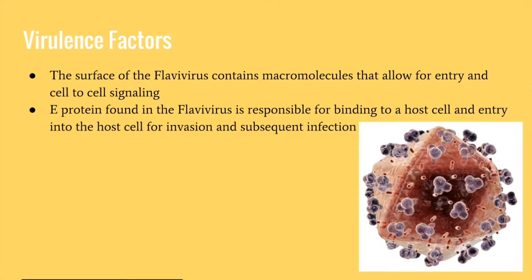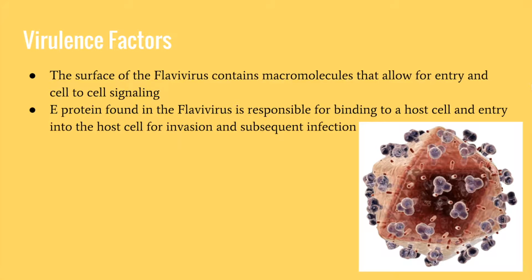Okay, virulence factors. The virulence factors for yellow fever virus are pretty legit, I would say. Basically, the entire macromolecule surface of a virus is its virulence factor. The proteins found on the flavivirus signal for binding to a host cell, entry into a host cell, invasion.